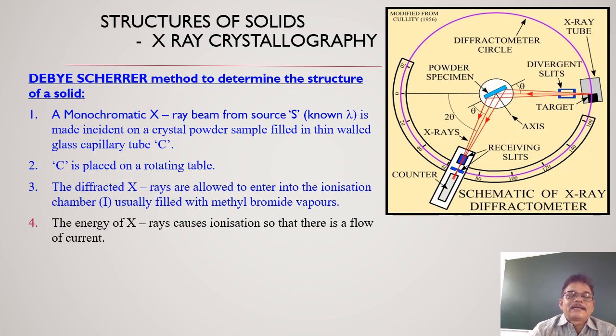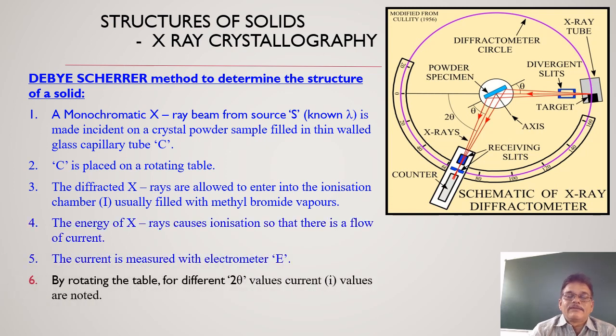The diffracted X-rays are allowed to enter the ionization chamber I. These letters are given in the textbook. I is the ionization chamber, usually filled with methyl bromide vapor. As the diffracted X-rays fall on the methyl bromide vapor, ionization takes place. As the intensity or energy of the X-rays increases, ionization also increases.